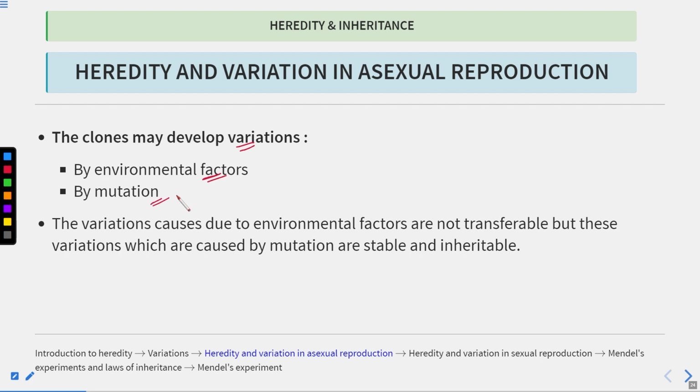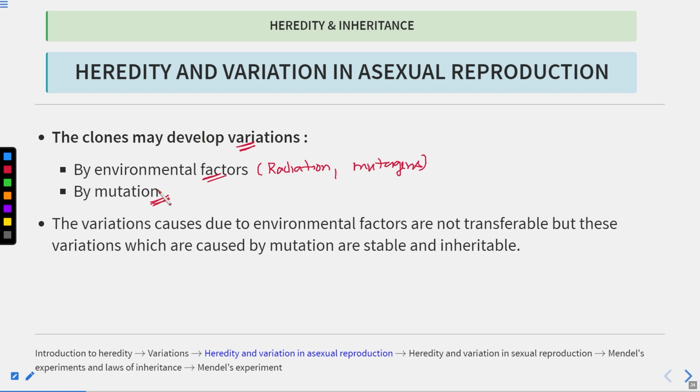So here in asexual reproduction, the clones are produced, but sometimes the clones may also develop variations due to environmental factors such as radiations and chemicals. If they are exposed to radiations or to some mutagen, which are chemicals that bring on mutations, then they may develop variations.